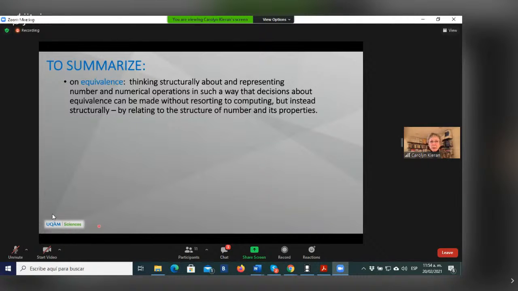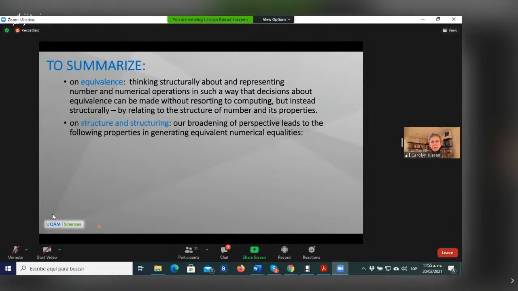So to summarize, with respect to equivalence, thinking structurally about and representing number and numerical operations can be done in such a way that decisions about equivalence can be made without resorting to computing, but instead structurally by relating to the structure of number and its properties.